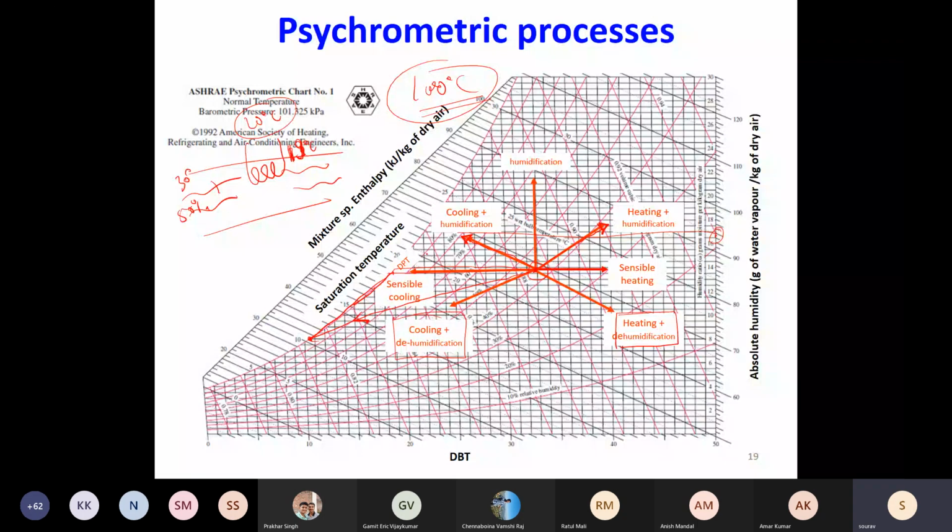Just like we had the horizontal process lines, you can also have vertical process lines, like only humidification or only dehumidification. But attaining only humidification without any temperature change, or only dehumidification without any temperature change, by a single process is very, very difficult.